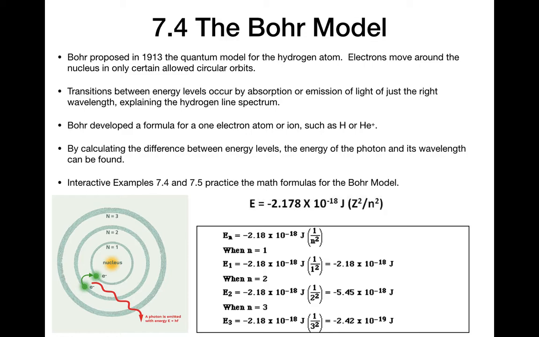Once you know the energy of the photon, you can find its wavelength using E equals hc over lambda, or you can find its frequency using E equals h nu. So that's basically how you use the Bohr formula for the electron in the hydrogen atom.